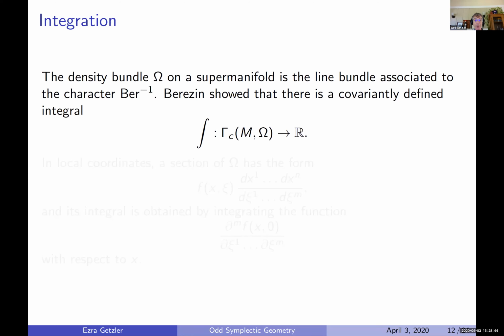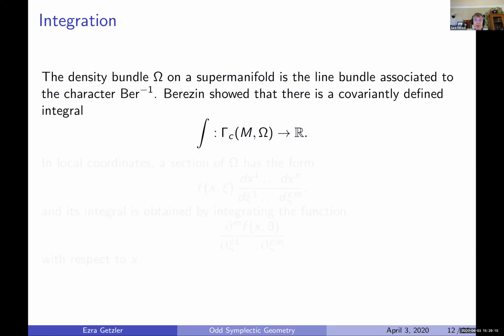If we put absolute value signs on the Berezinian, because the general linear group, if n and m are both positive, actually has four components. You could have taken the absolute value of the Berezinian, but I'm not going to today. Actually, Khudaverdian does, but let's leave that aside.